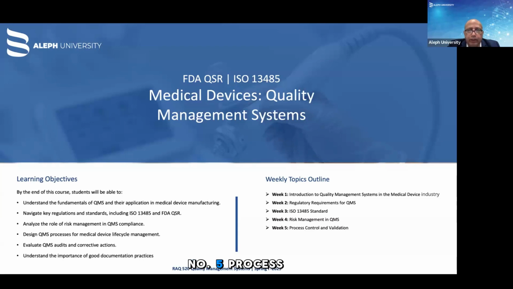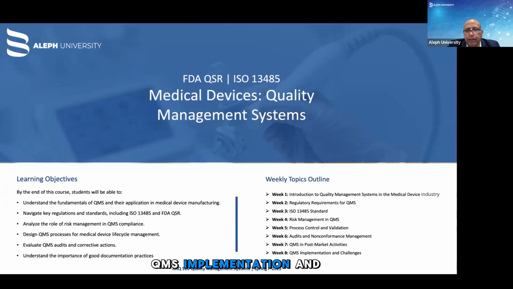Number five, process control and validation. Number six, audits and non-conformance management. Number seven, QMS in post-market activities. And number eight, QMS implementation and challenges. So these are things that you need to learn.